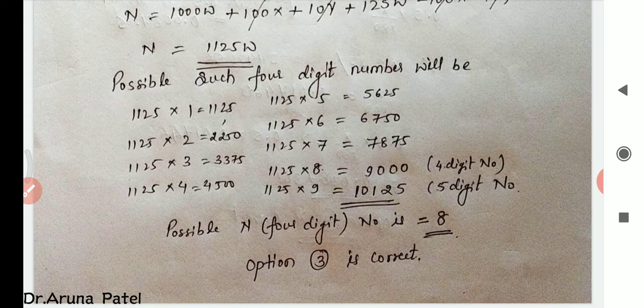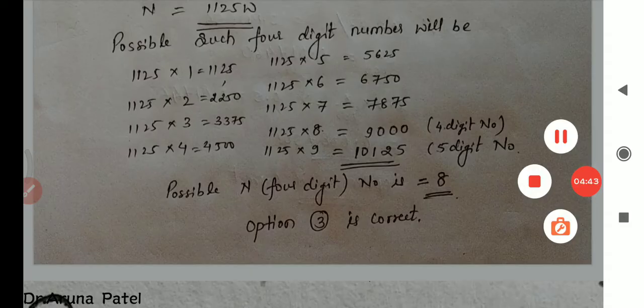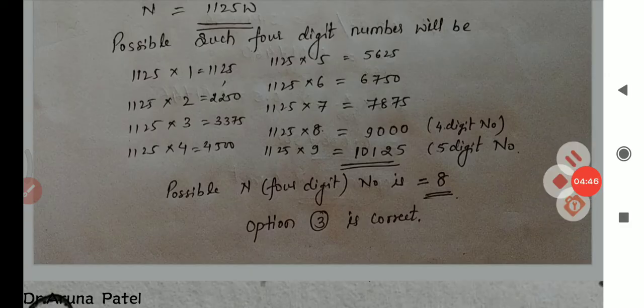Up to multiplying by 8 you get 4 digits, but if you multiply by 9 you get 10125, which is a 5-digit number. The highest 4-digit number is 9999. So the possible n values are 8. The correct answer for this question is option number 3.